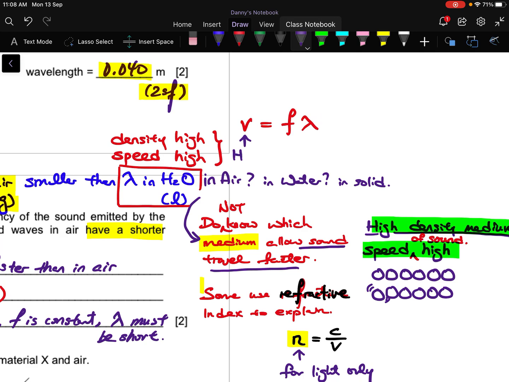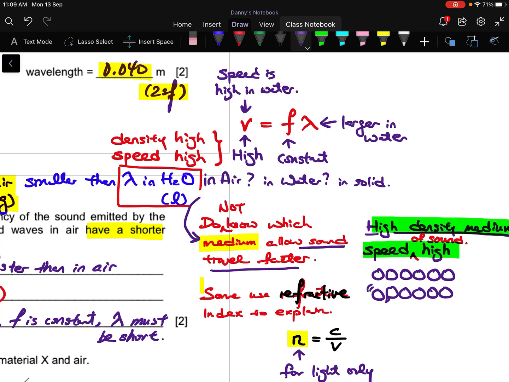If now your speed is high, and the frequency is constant because you are making the same sound, then it means that your lambda will have to be larger in water, right? Because the speed is high in water, correct or not?